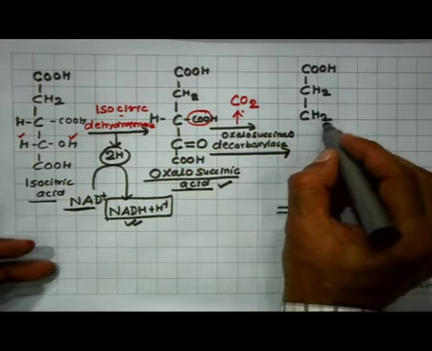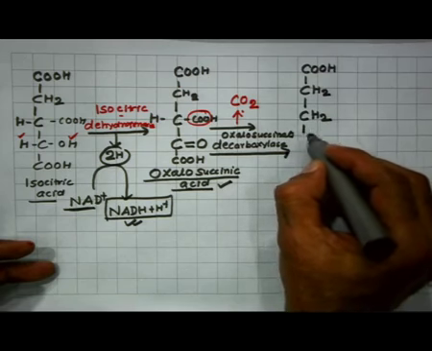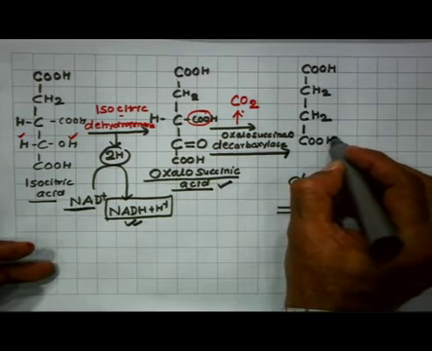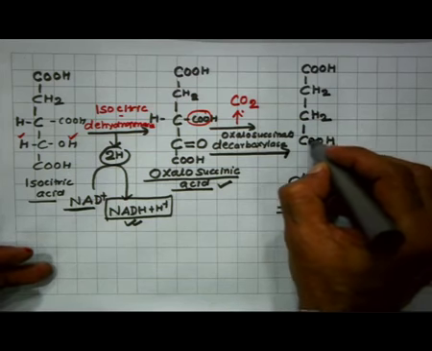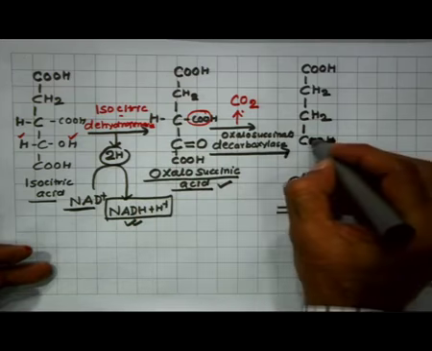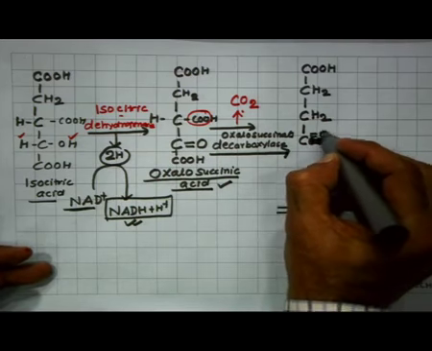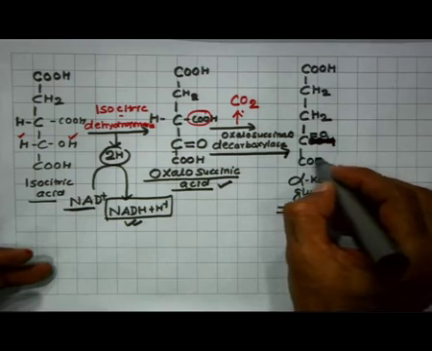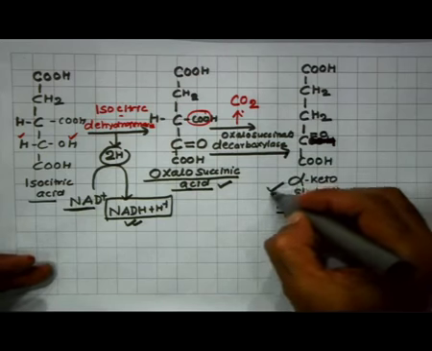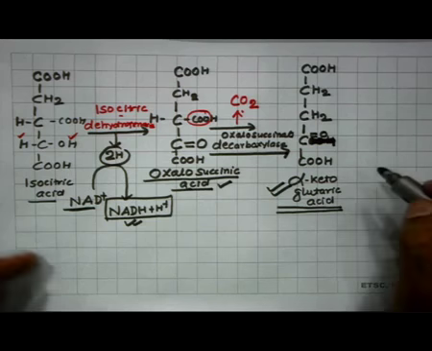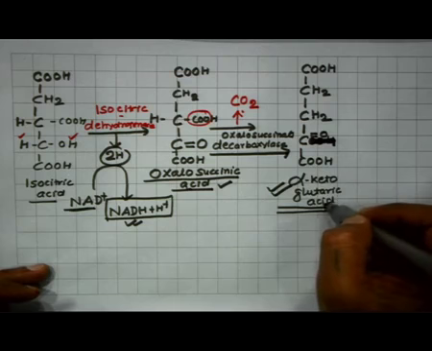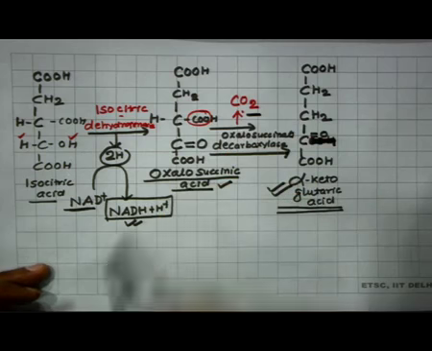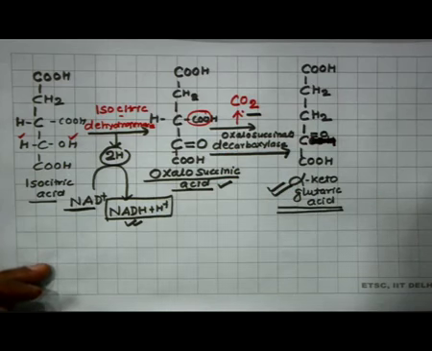So, we can easily write CH2, here COOH is there, sorry, here again write C double bond O and COOH. These are very important molecules, as you can see in amide synthesis. Alpha ketoglutaric acid is formed after the removal of carbon dioxide from the oxalosuccinic acid.